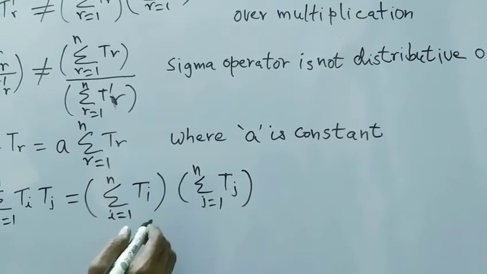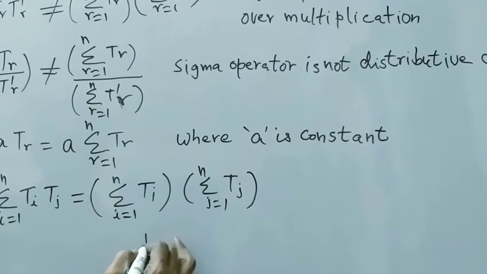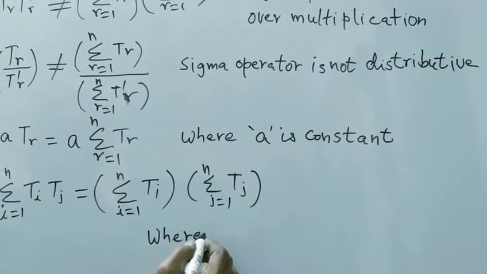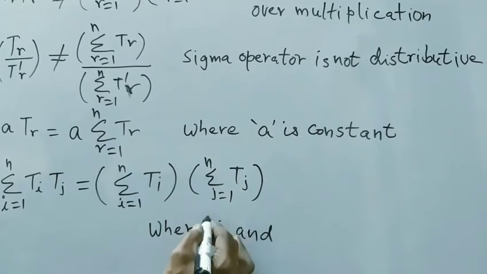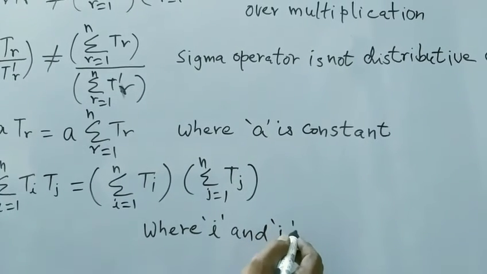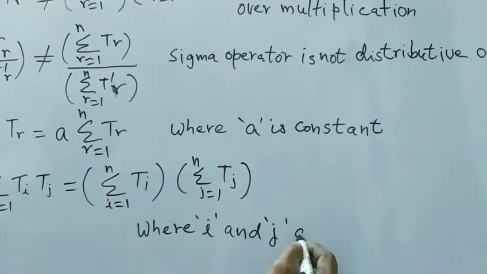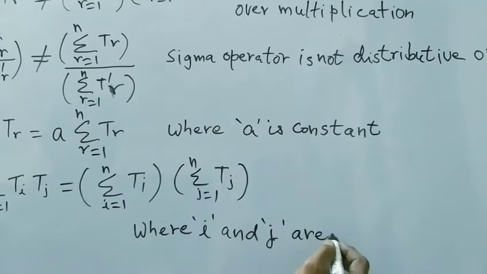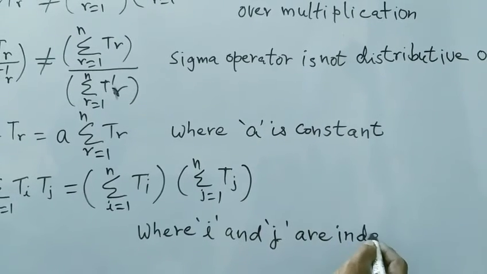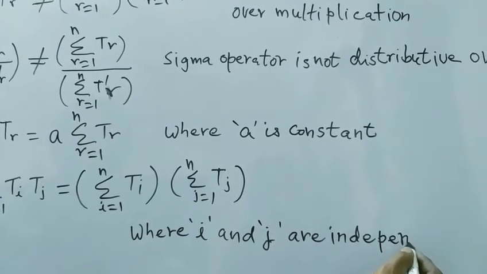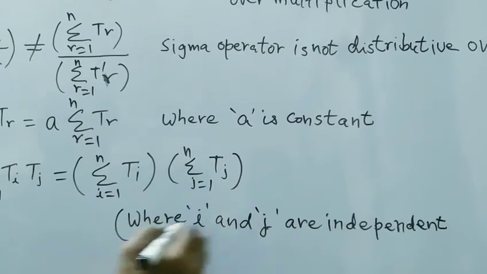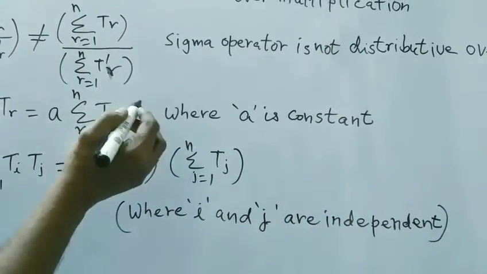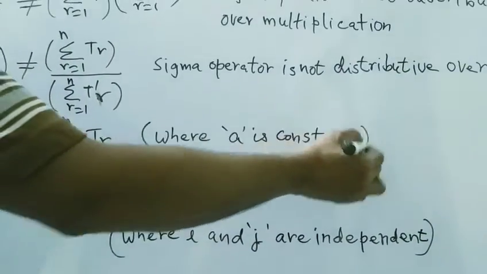This is possible here because i and j are independent.